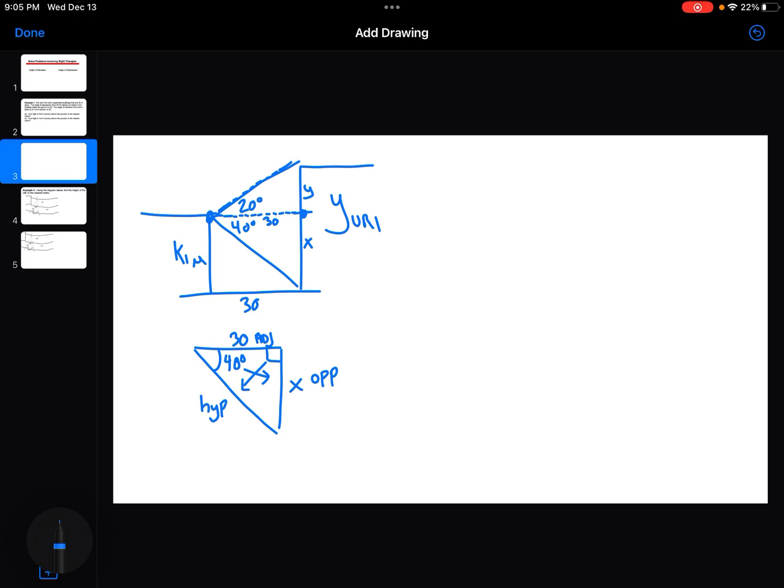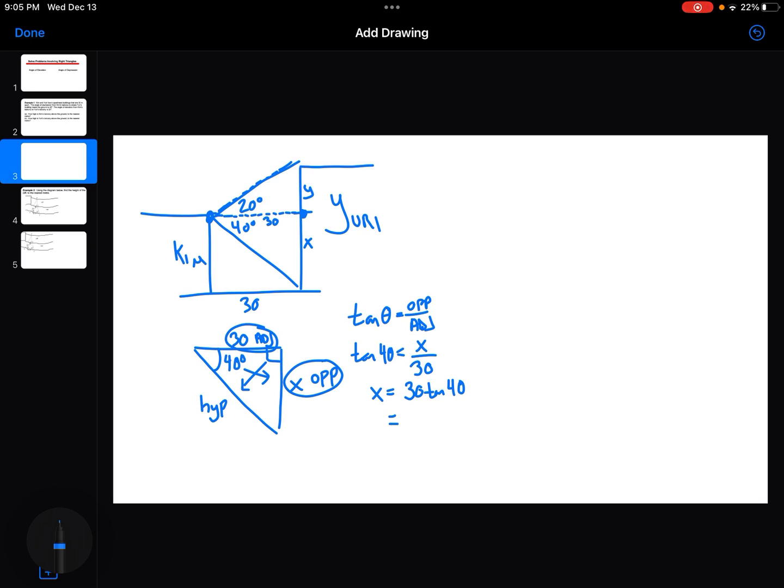So we're going to use adjacent and opposite, which is tan. So we would have tan theta equals opposite over adjacent. We have tan 40 equals x over 30. Then x is going to be equal to 30 tan 40.